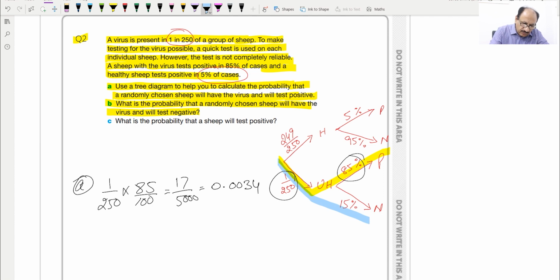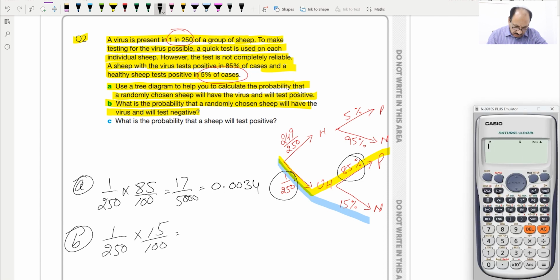So the probability for B part will be 1 over 250 multiplied by 15%, or 15 over 100, and this results in 3 over 5000.